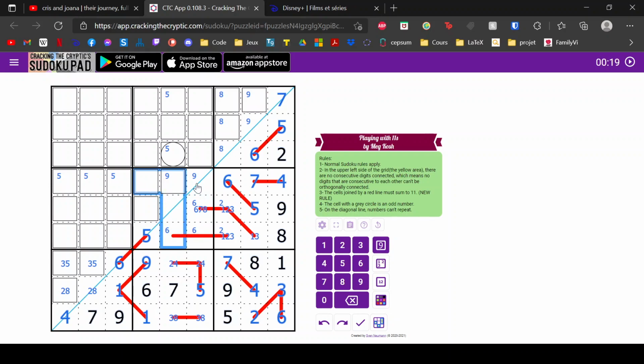Seven. 7. 3, 8, 2, 5. Okay. What about now? The diagonal.